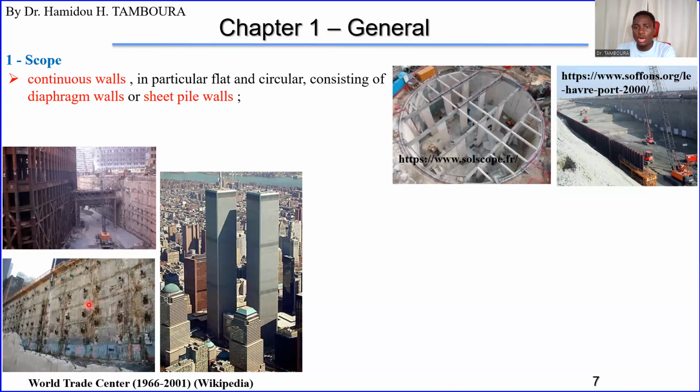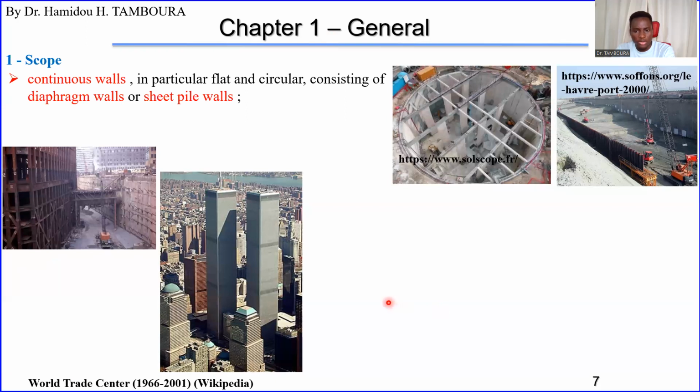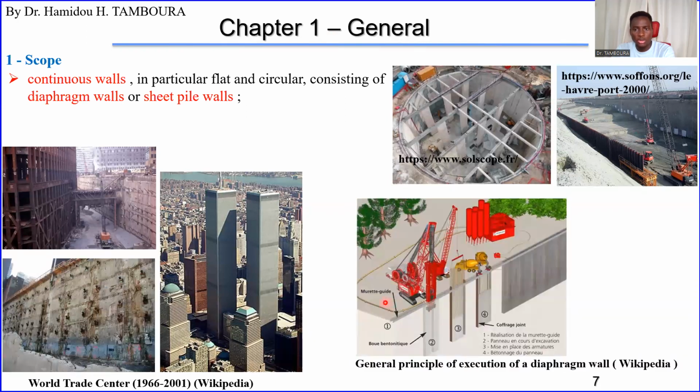So how exactly is this type of wall constructed? Let me show you one example of the mechanism. First we set this line, which is like a guideline on the ground, horizontally.